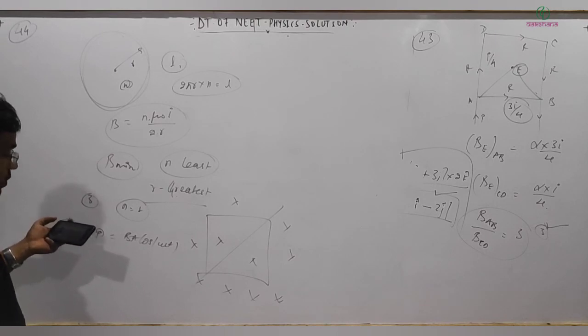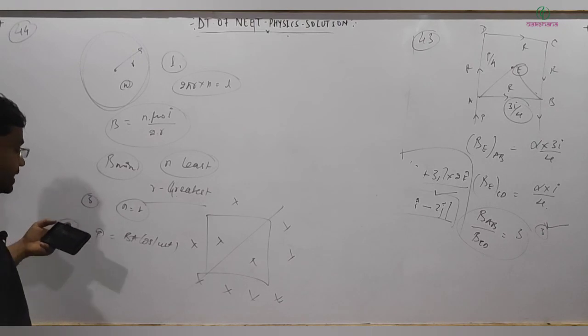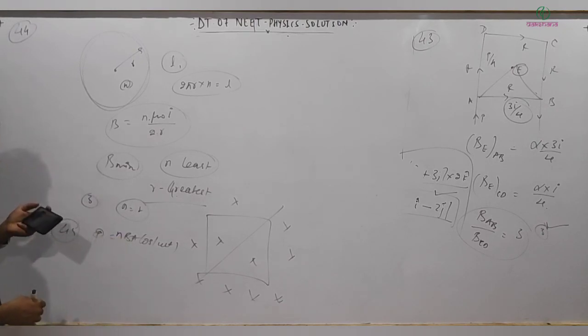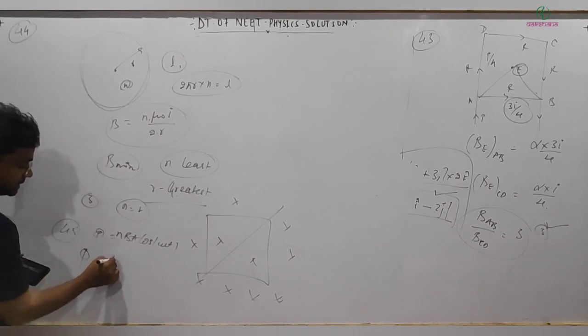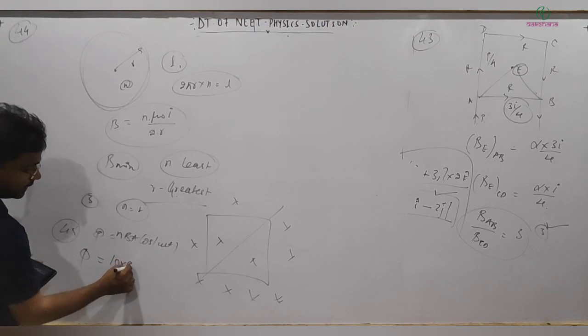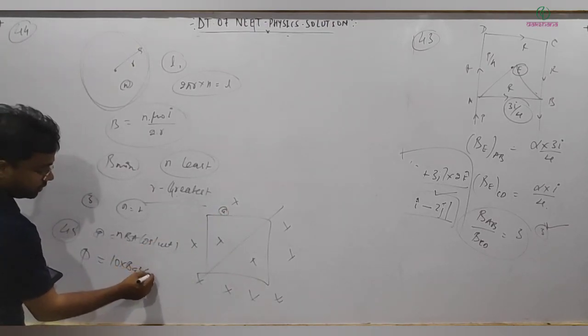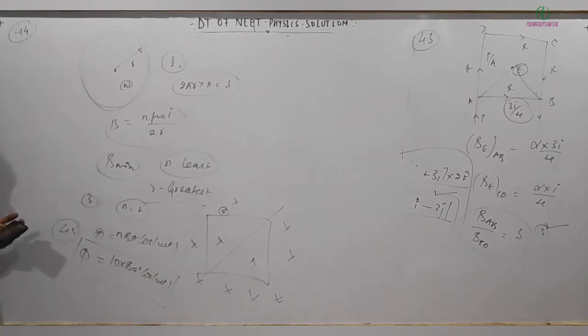If the number of turns is n, then the magnetic flux linked with the loop at any instant can be written as phi equals n B, and the area is a square, into cos of omega t. That will be the answer to this question, which matches with option 1.